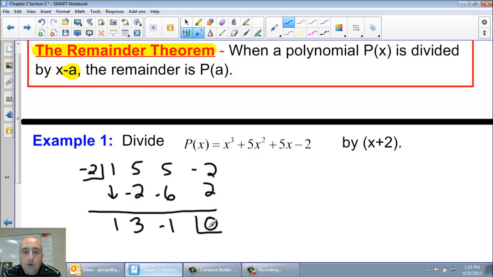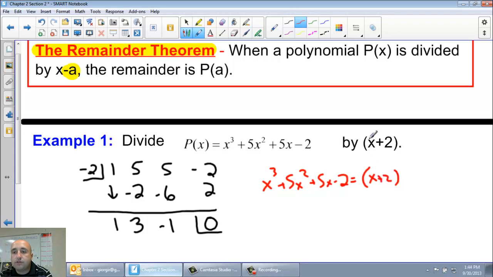Okay, so what this tells us is this. If I take my original equation, x cubed plus 5x squared plus 5x minus 2, it's equal to x plus 2, which is what we divided by, times what we have here, our new coefficients.